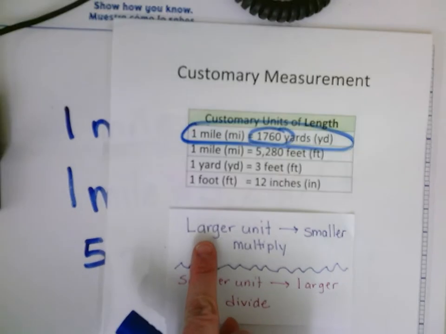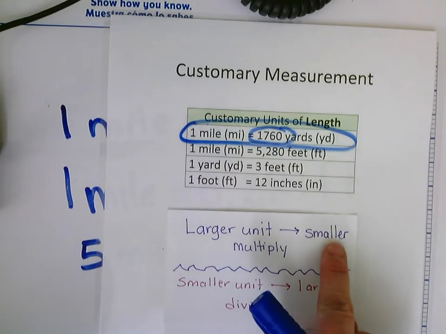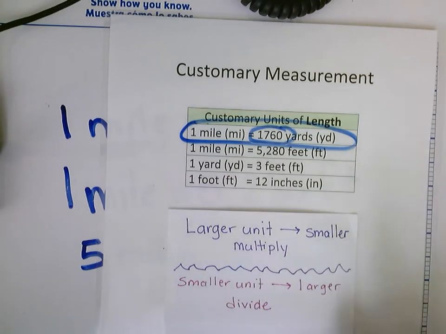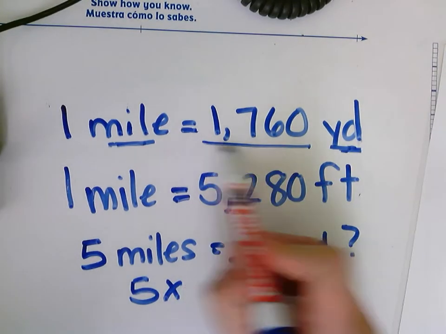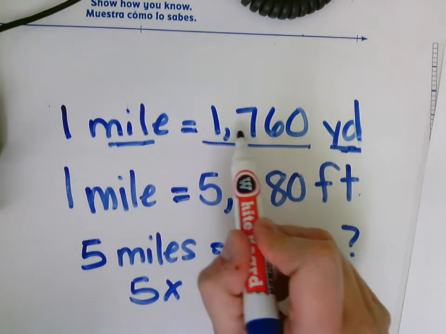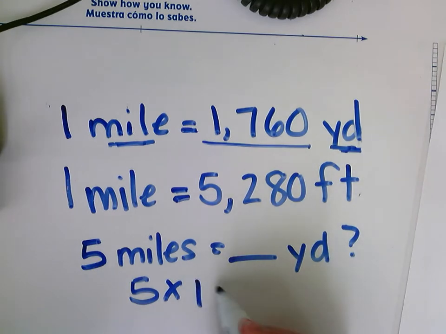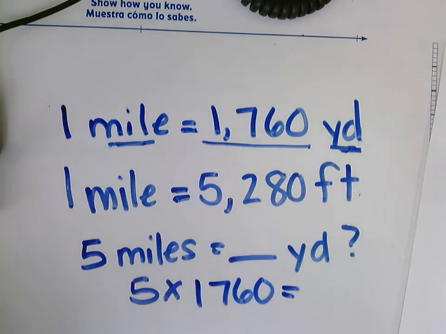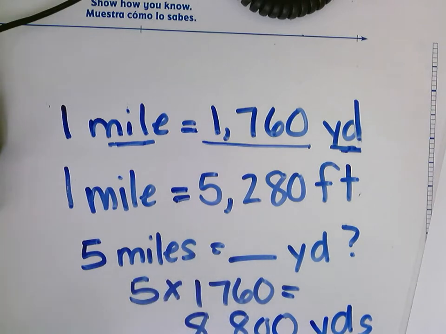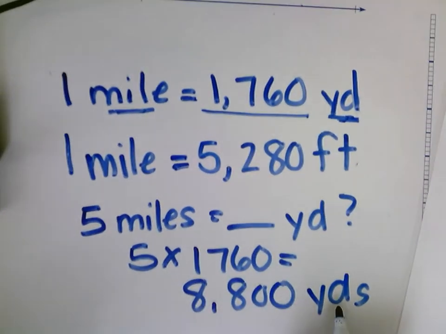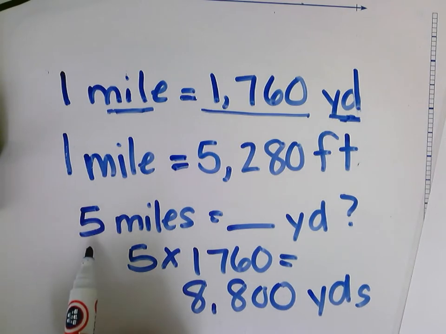So I'm going to go from my larger unit to a smaller unit, so I'm going to multiply. 5 times, I'm going to use the yards number, not the feet number, because I'm changing it to yards. 5 times 1,760, and I would get 8,800. 8,800 yards are in 5 miles.